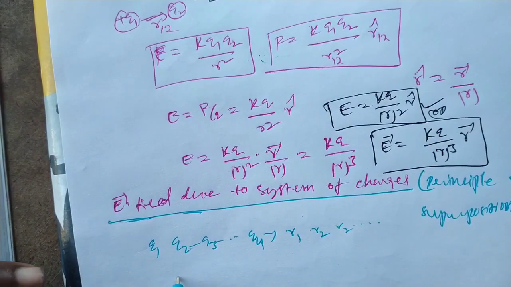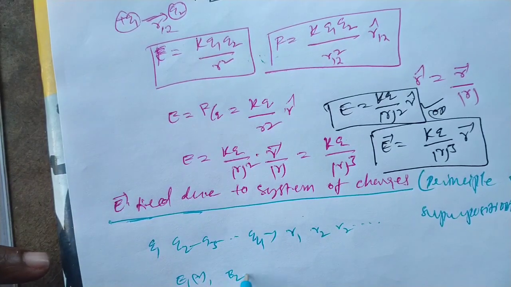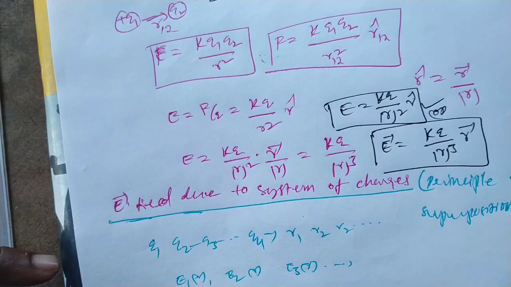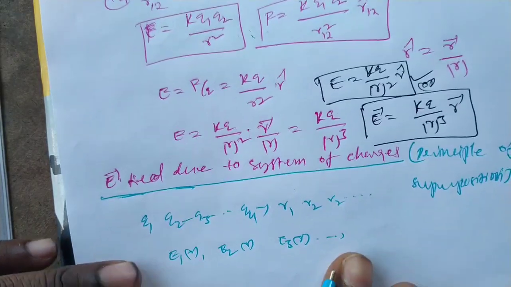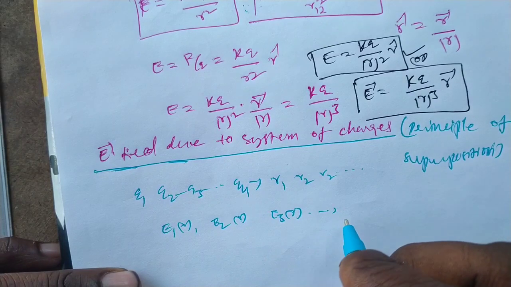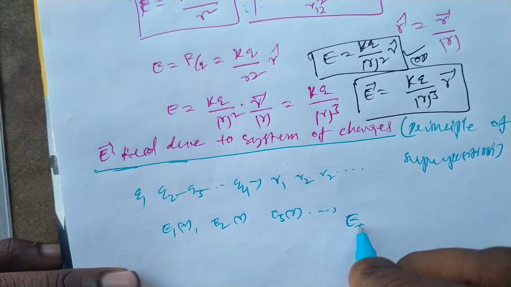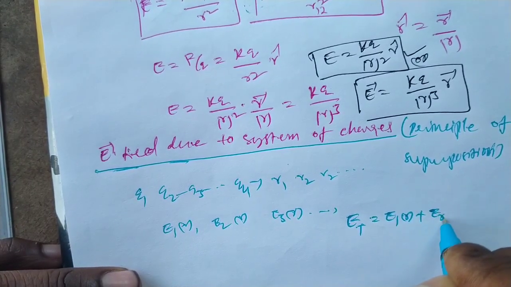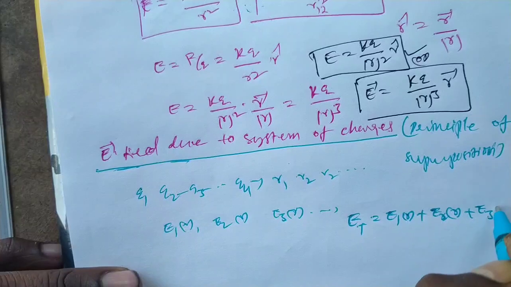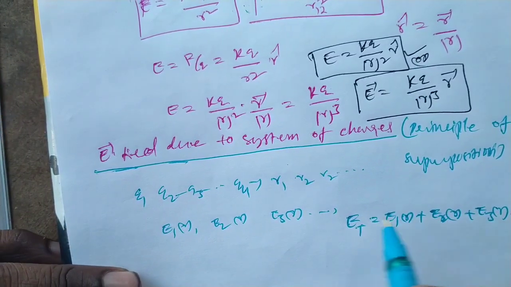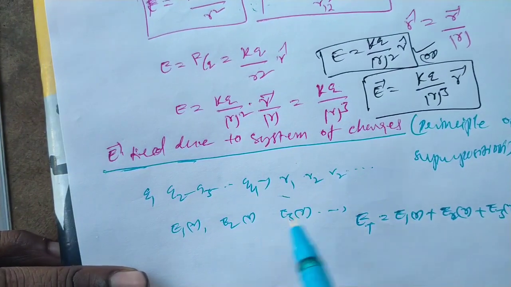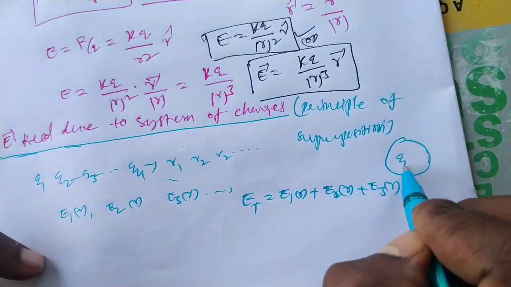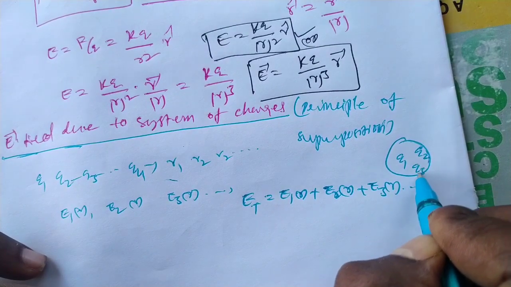We get E1R, E2R, E3R, the individual electric fields. The total electric field is E1R + E2R + E3R, for a system having only 3 charges, Q1, Q2, Q3.